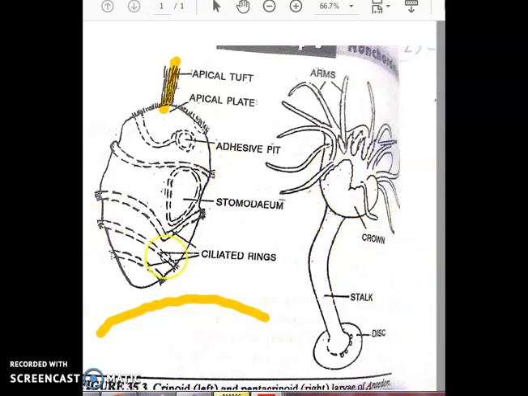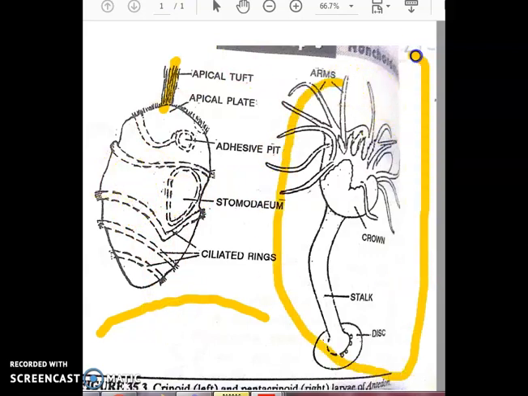So this is the only one larval stage, the Doliolaria larva. It is barrel shaped initially, and when it starts metamorphosing into the adult, it sinks to the bottom, takes this shape, and finally forms the adult.